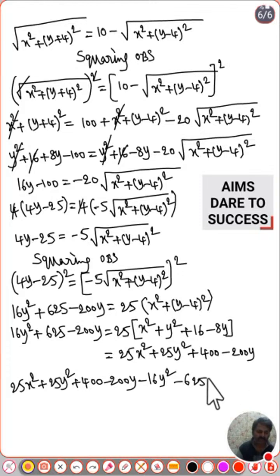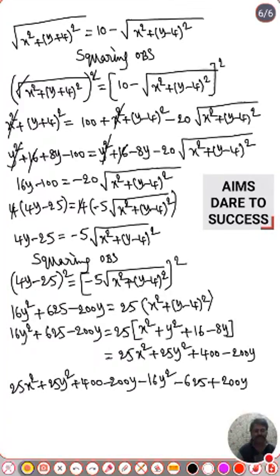Minus 625 plus 200y is equal. Okay, my dears, 25x square will be same.